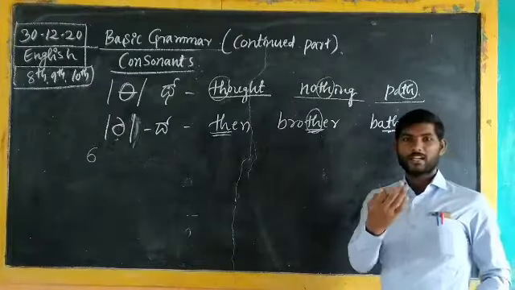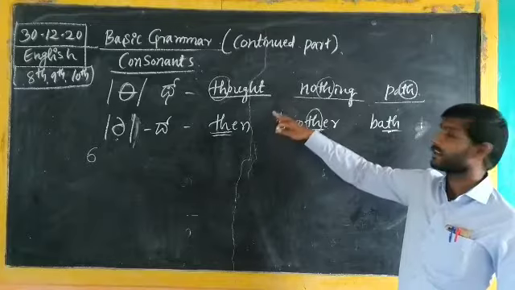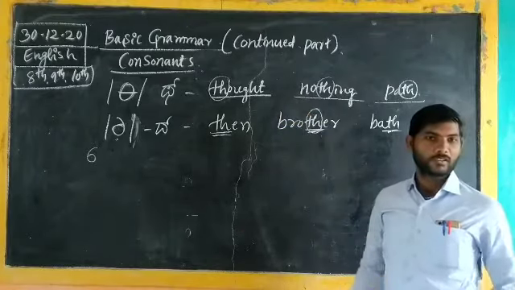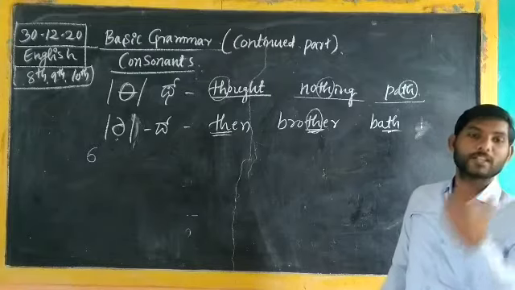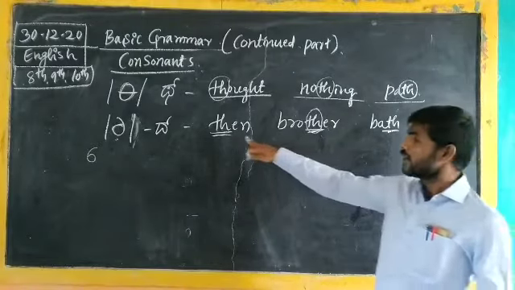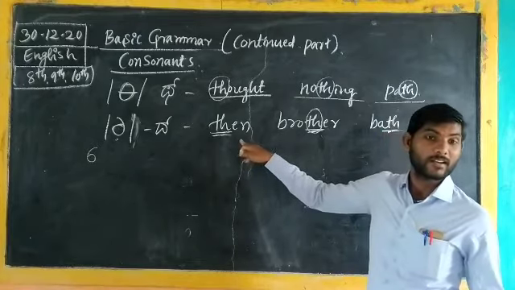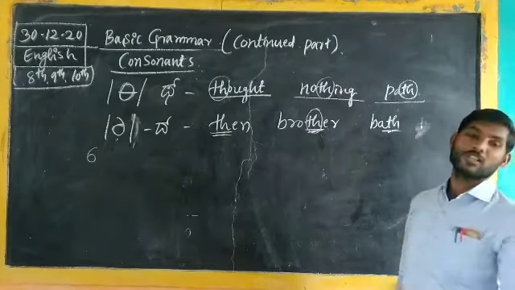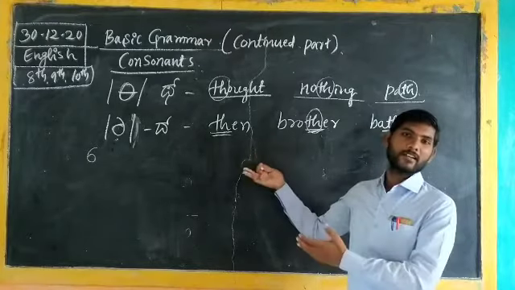I already told you, when I was explaining thought, at the moment our tongue touches the upper teeth. When we pronounce this word, "the" is pronounced there. It is not "then" as in thin.